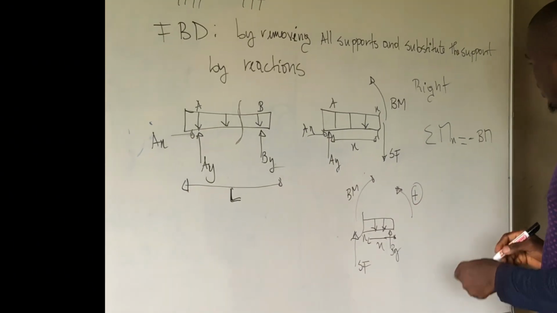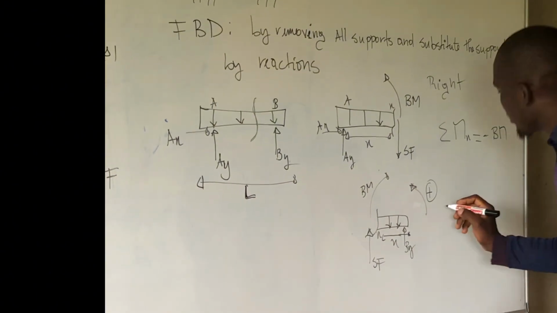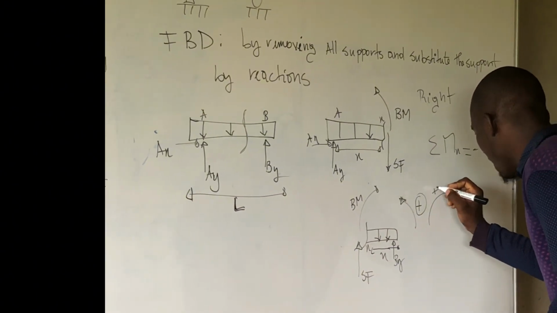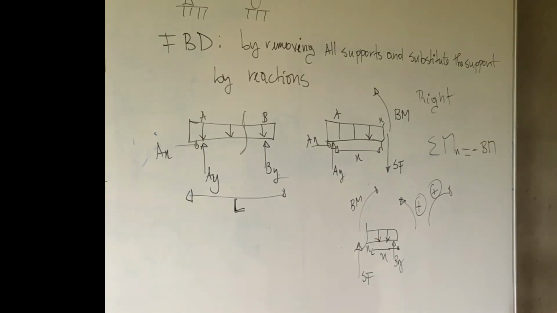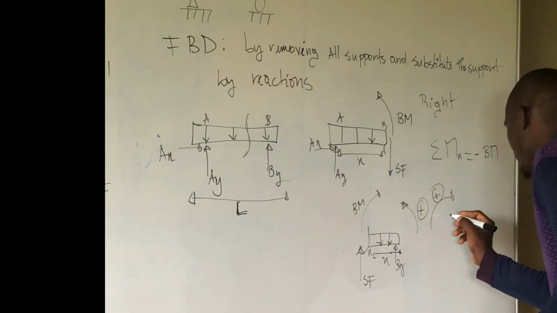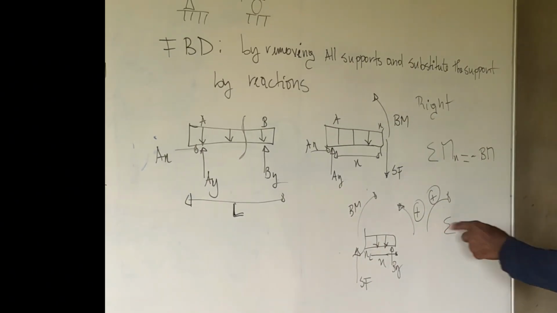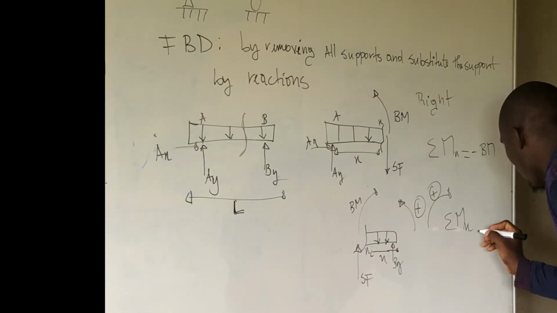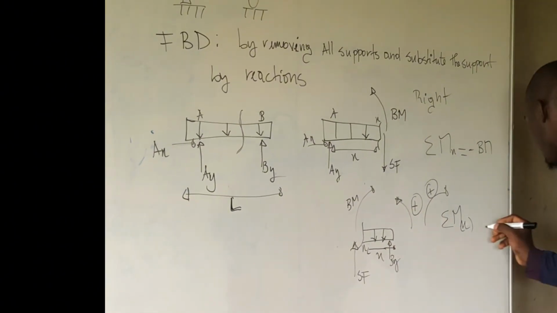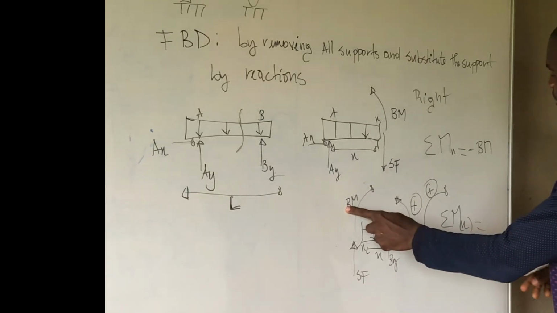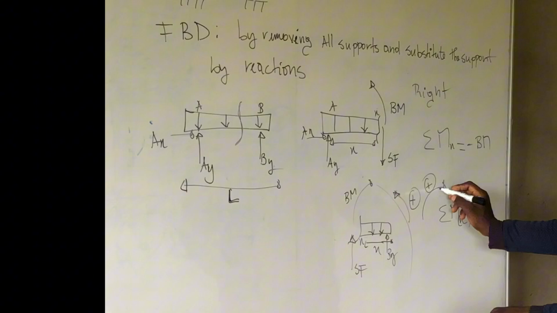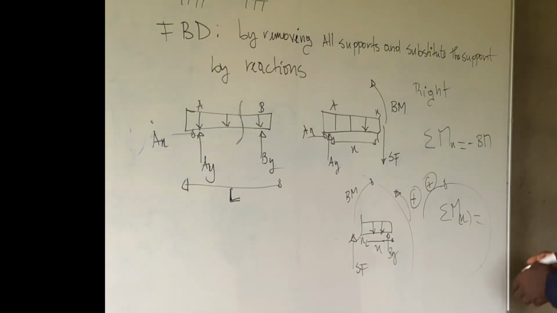In case now I choose instead this direction as my positive direction, if I apply the static equilibrium equation on the moment, I will have this along the x-axis. I will have my bending moment now going in the same direction as my conventional sign direction that I choose.